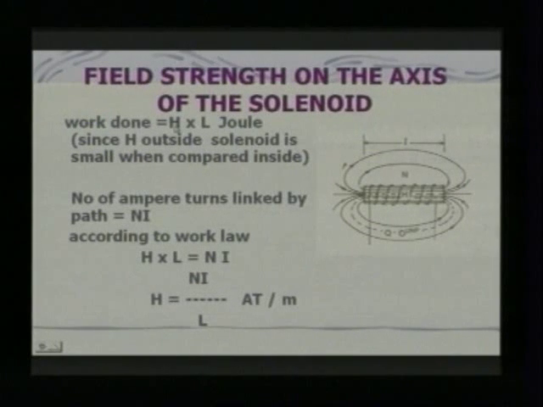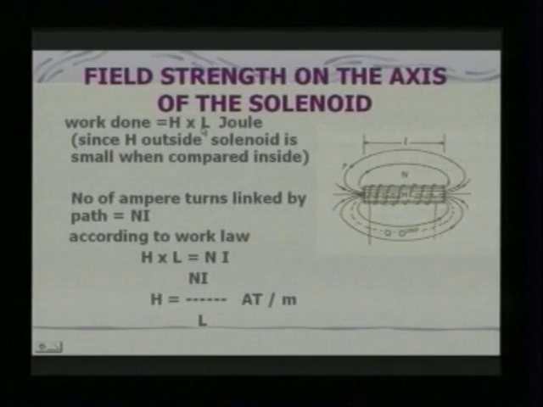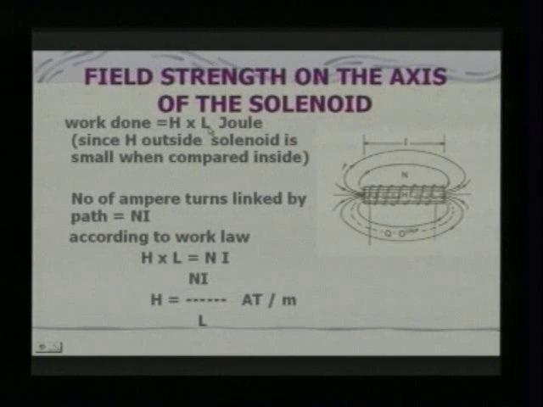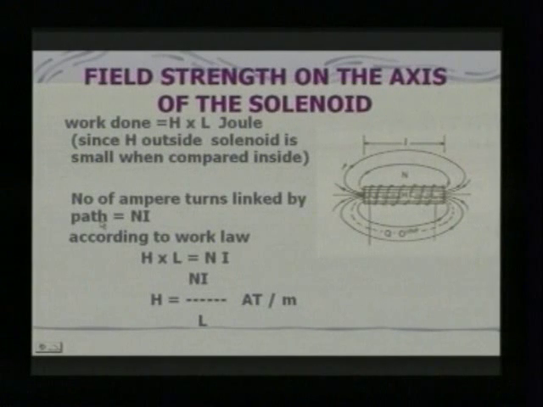Here the force is nothing but the force experienced by the unit north pole, which is indicated by the field strength, that is H, multiplied with the total effective distance, that is here only L meters, because H outside the solenoid is small when compared to inside, and the number of ampere turns linked by the UNP is equal to NI, where N is the number of turns enclosed by the solenoid and I is the current flowing through the solenoid.